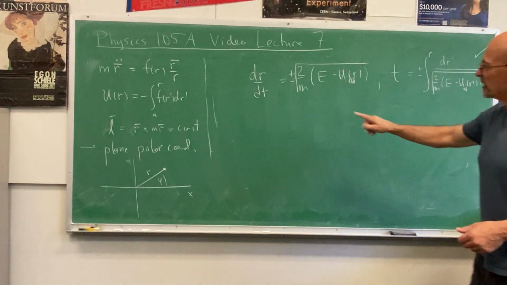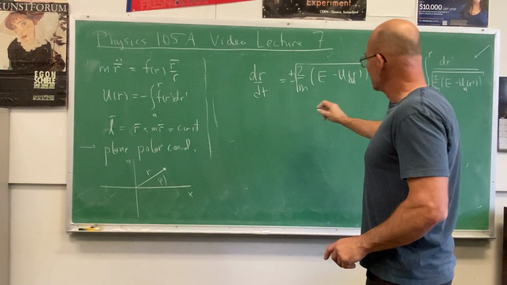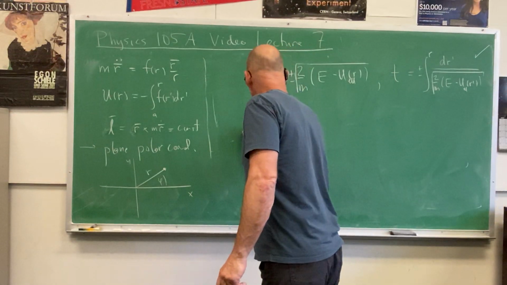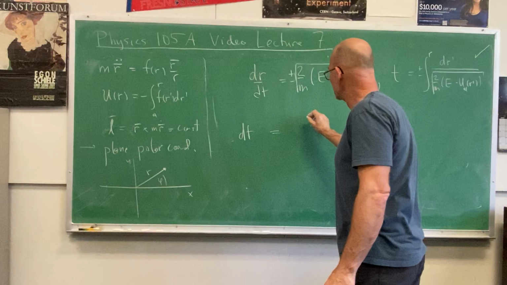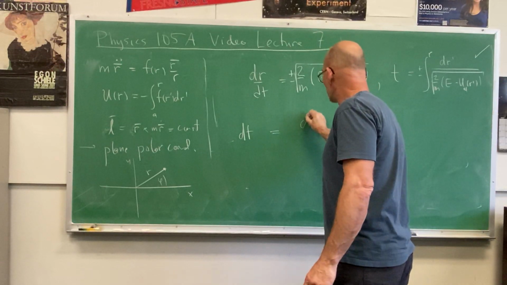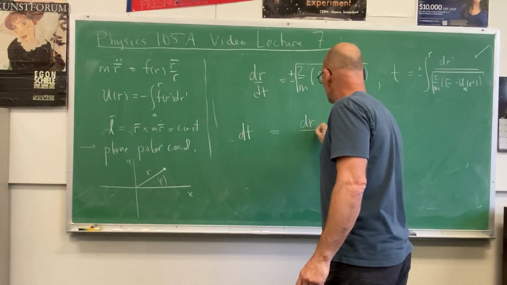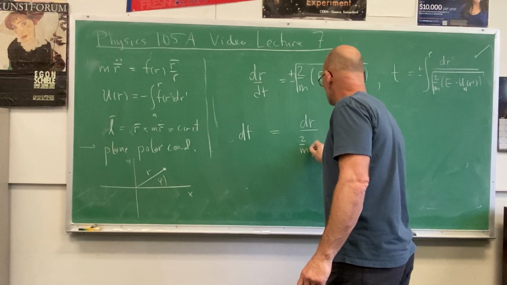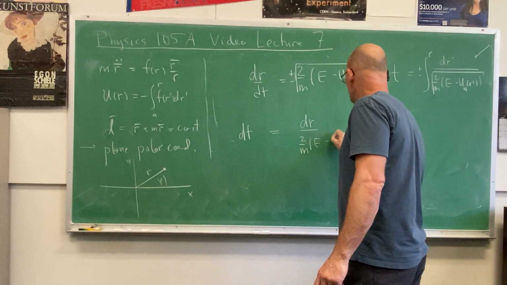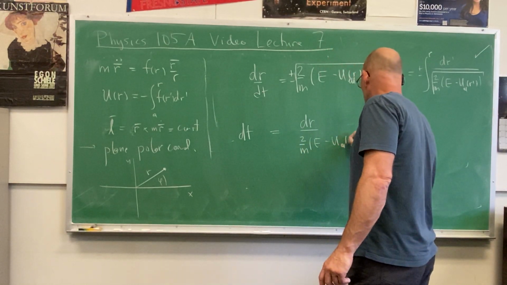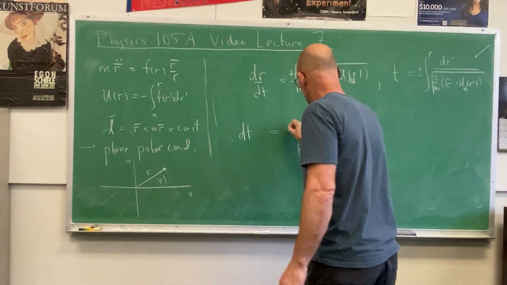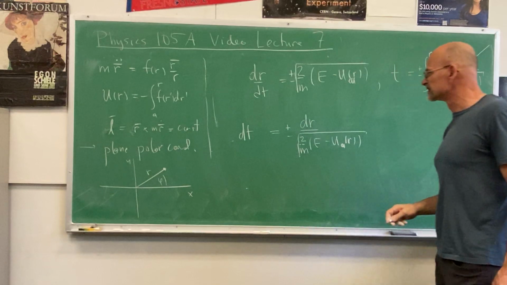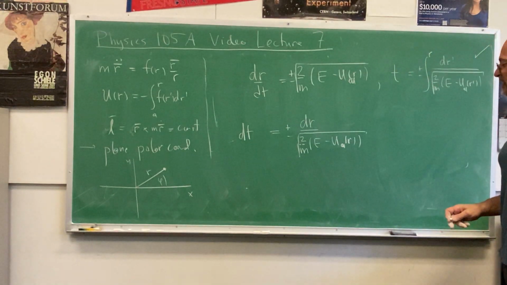What I'm going to do is write the same thing down in terms of just dt. So dt is equal to dr over the square root of 2/m (E minus u effective of r), keeping my plus minus here. So there's our separation of variables.